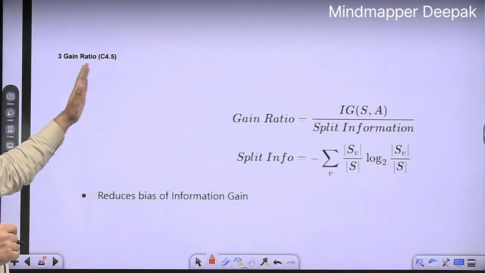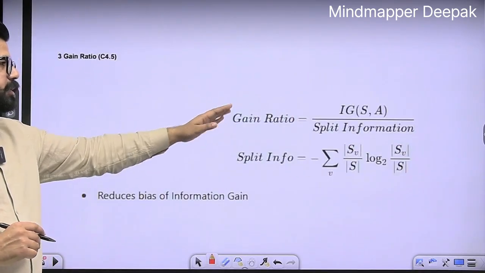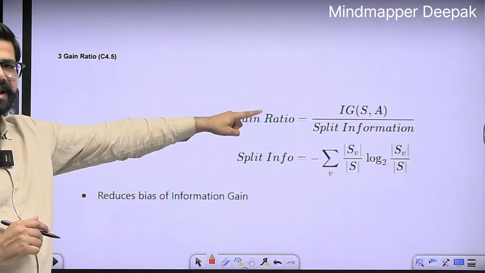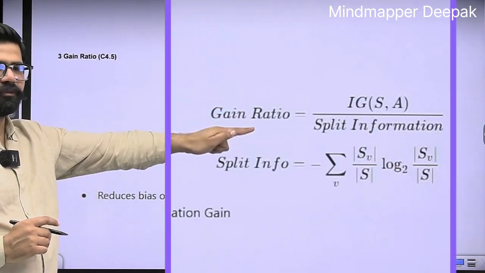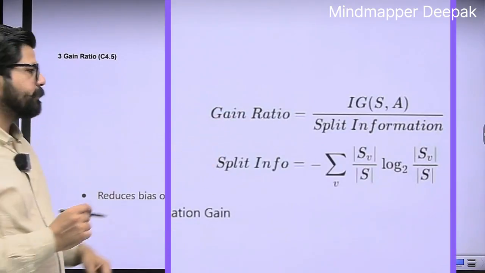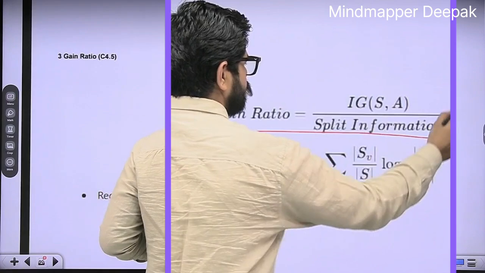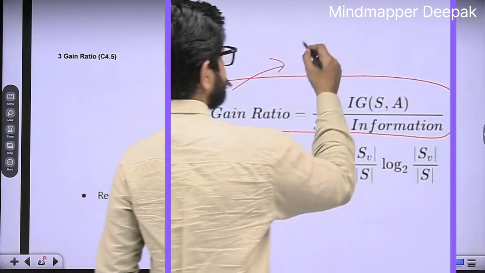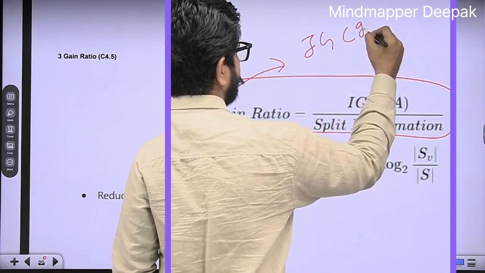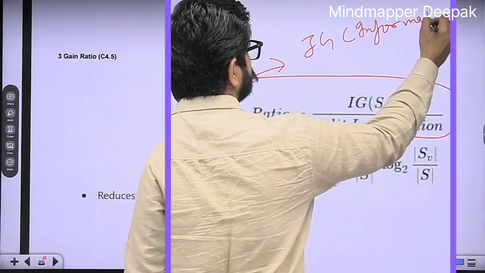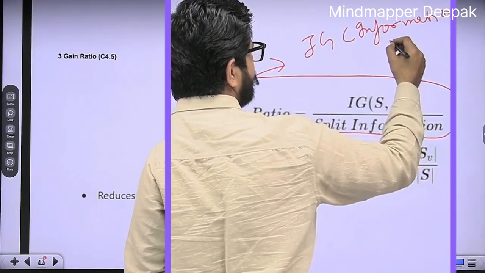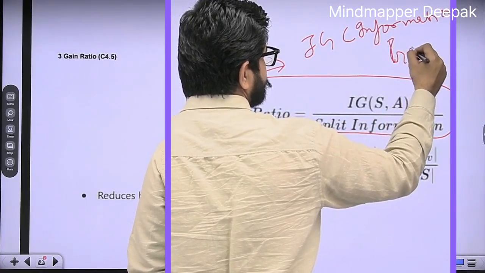Moving further, gain ratio, again important. The gain ratio is the information gain for S comma A divided by split information. Just a simple formula. IG is nothing but information gain, the previous formula we have just studied.